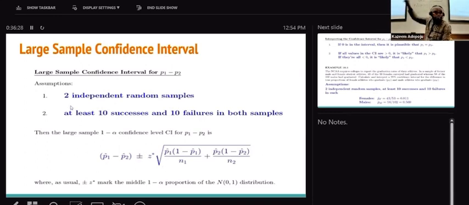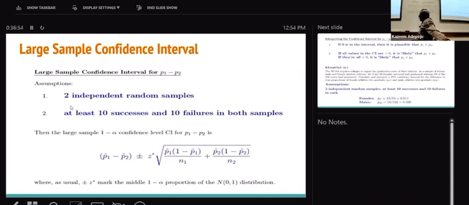Number 1 assumption, the samples that you're going to be choosing from the two populations have to be independent. And what can you do to actualize that independence? Of course, take samples randomly, giving equal chance to everybody, and of course, at least 10 successes and 10 failures in both.